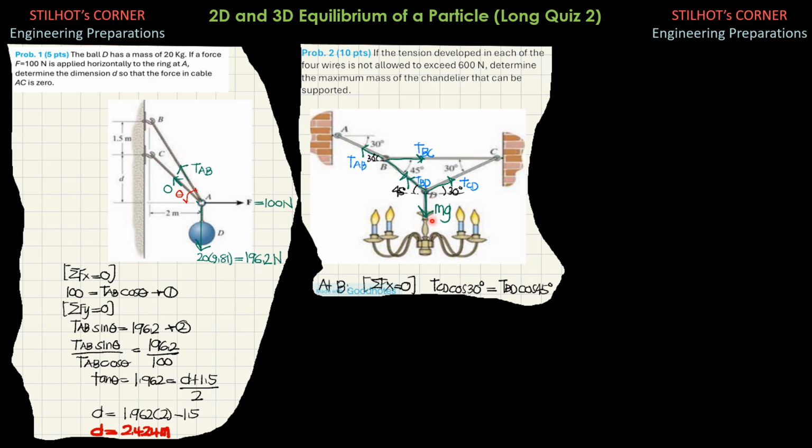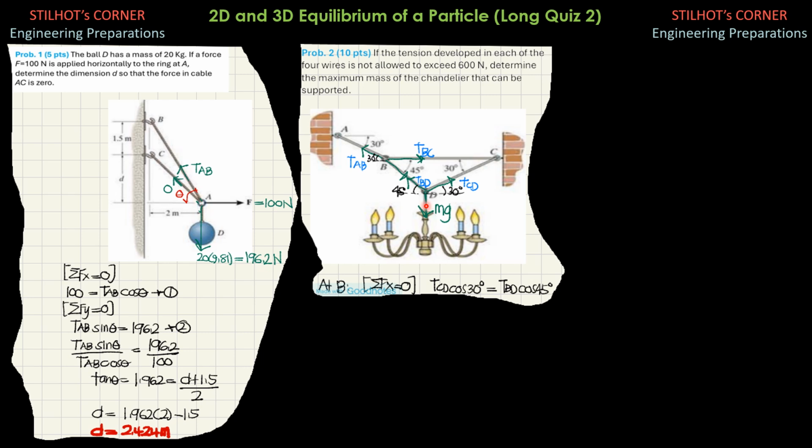So the weight is mass times g, 9.81. Tension in CD, tension in BD. So this angle is 30 degrees, so that's also 30 degrees. This angle is 45 degrees, so that's also 45 degrees. We then proceed to B to solve for the tension in its cable.